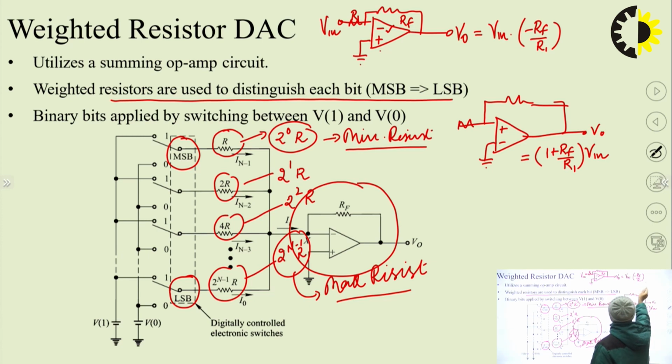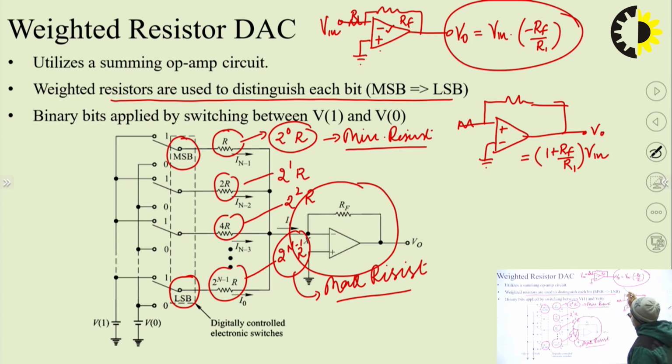I am going to use the inverting configuration expression. So we should be aware that the output of the op amp in inverting configuration is equal to the input times the ratio of the feedback resistance and the input resistance. R1 is the input resistance.